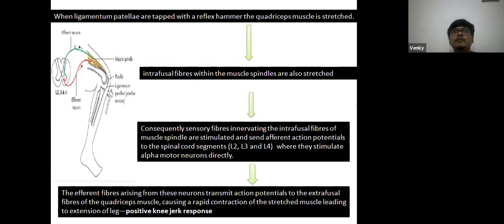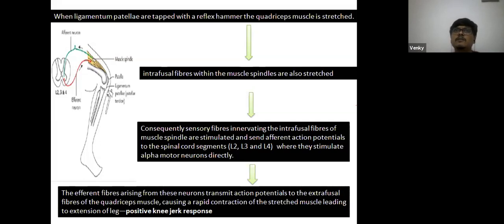For example, if you have a lesion at C5, C6 and you are putting your hammer on the biceps tendon, you won't get flexion of the elbow. Instead of flexion of the elbow, you will get extension of the elbow. This is called inverted biceps. This is usually seen at the level of lesion C5, C6.